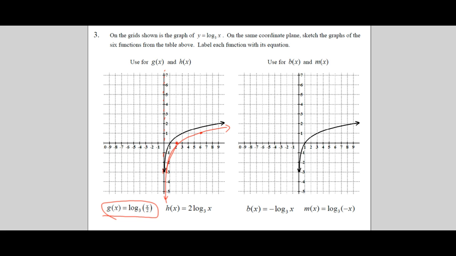Okay, now we can do this guy in green. So you have 2 points on this graph that you know. You know 3, 1. Log base 3 of 3 is 1, log base 3 of 9 is 2. So you have this point you can work with, and this point you can work with. Now we couldn't do anything with this because horizontally stretching is going to throw it way out to the right off the grid.